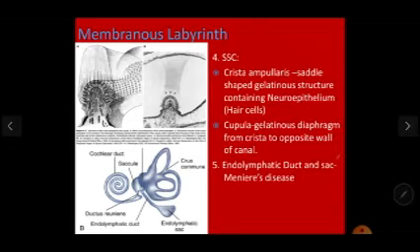When there is an increase in the formation of the endolymph, or a decrease in the absorption of the endolymph, a condition known as Meniere's disease occurs. This is because of distension of the scala media, and then rupture of the basilar membrane or Reissner's membrane.